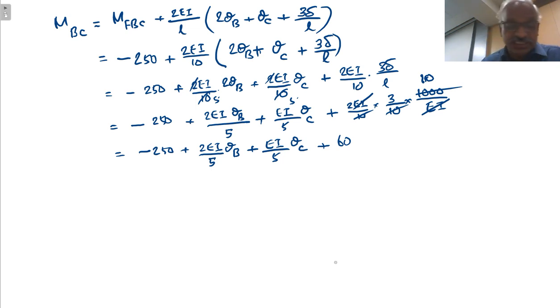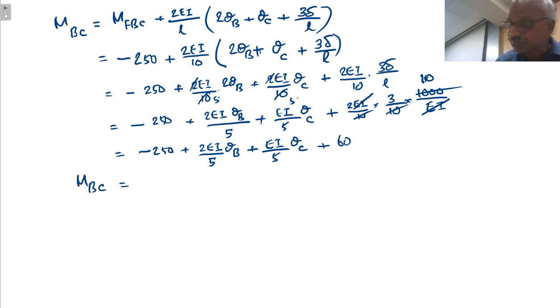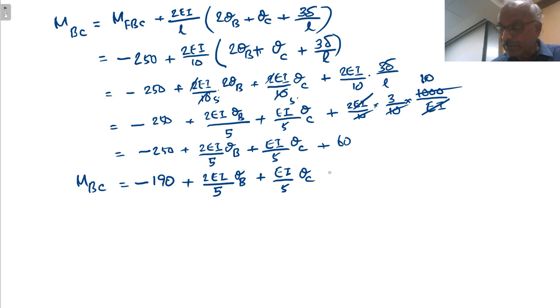Therefore M BC equal to minus 250 plus 60 equal to minus 190, plus 2EI by 5 into theta B plus EI by 5 into theta C. That's all, because this 60 we have brought to the first term. This is your equation number 3.